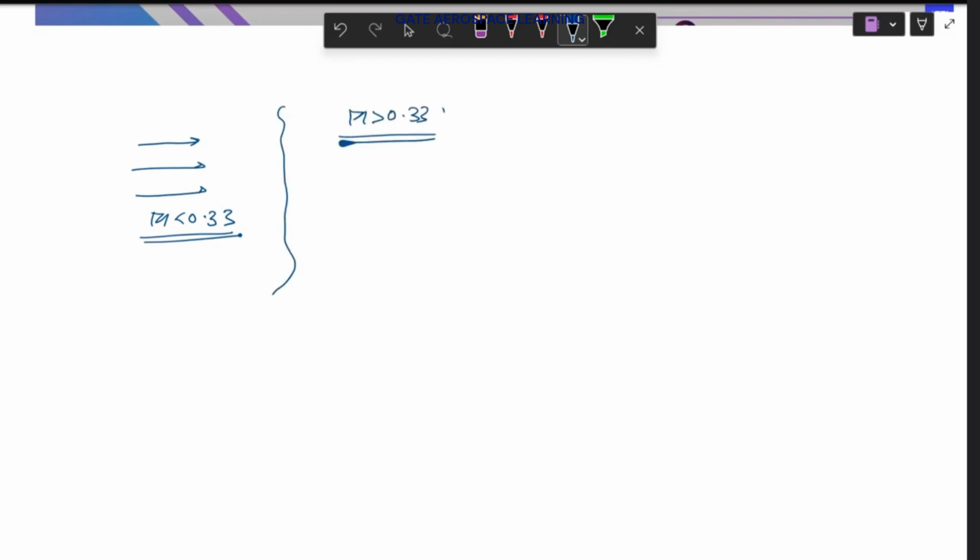When the Mach number is greater than 0.33, we call it a compressible flow. So when you have a compressible flow in a flow field, what is happening in the flow picture?